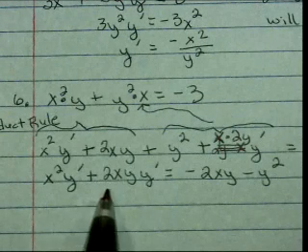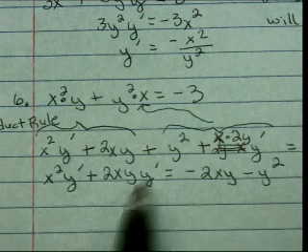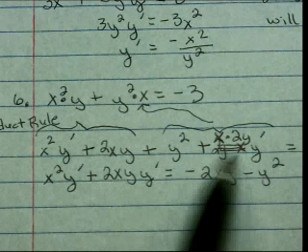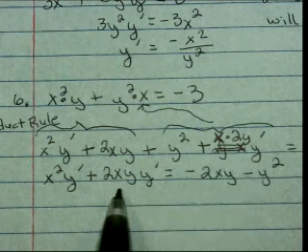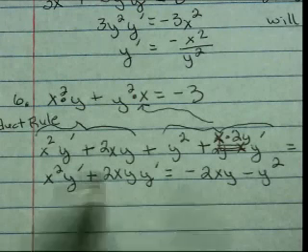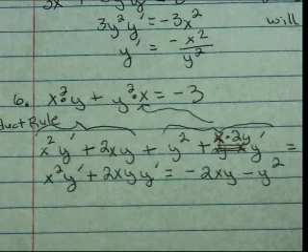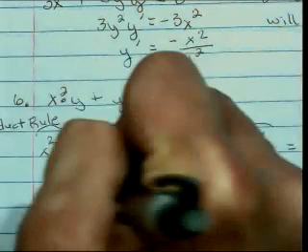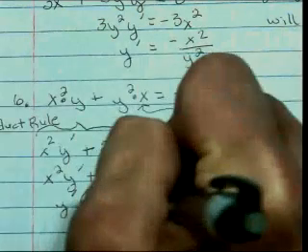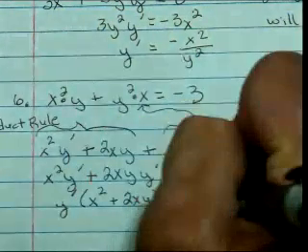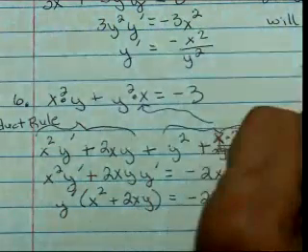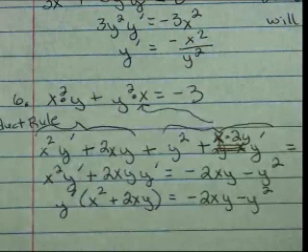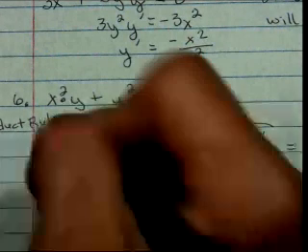I could have written this 2xy y prime just as it was written on the step above, but instead of x times 2y, I decided to write it 2xy. Then what? Now you can factor out a y prime. Yes, it's kind of hard to see my prime there.